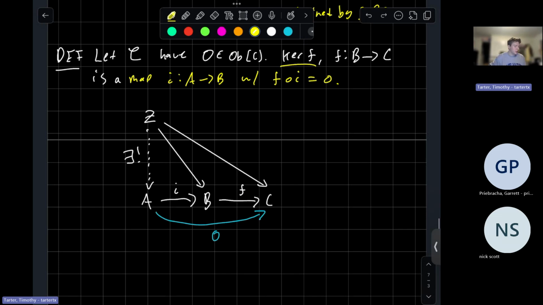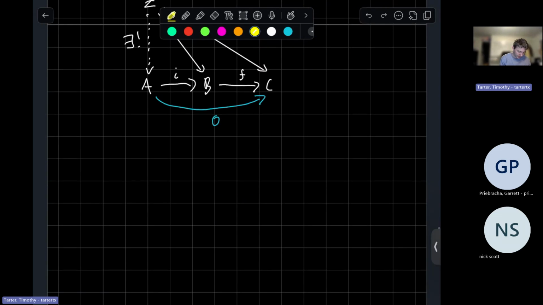So a co-kernel is defined dually by reversing the arrows.